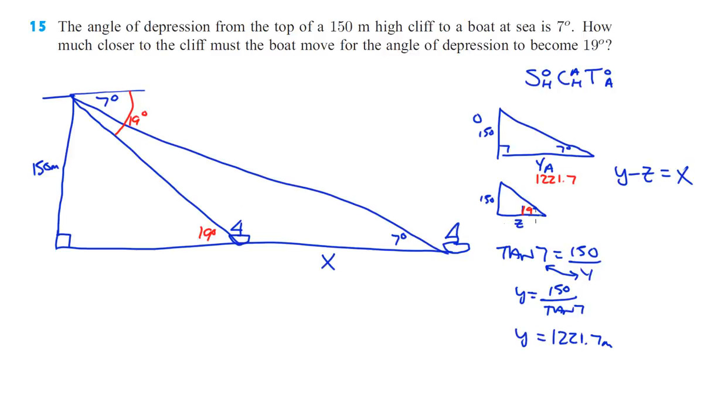Let's figure out what this one here is. Again, this is still opposite and this is still adjacent, so tangent of 19 equals 150 over Z. Those two switch spots, so Z equals 150 over tangent of 19.